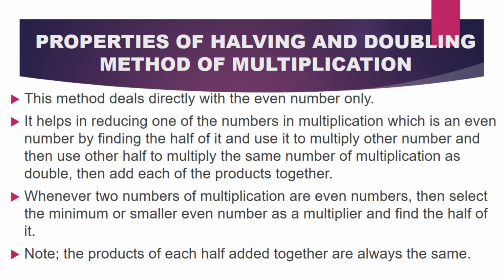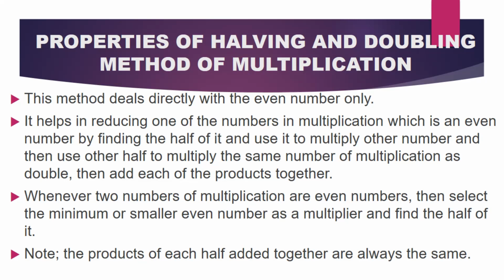Though they might all be even numbers, for an easier way of solving a certain problem, you choose the minimum or the smaller even number among those in the multiplication.